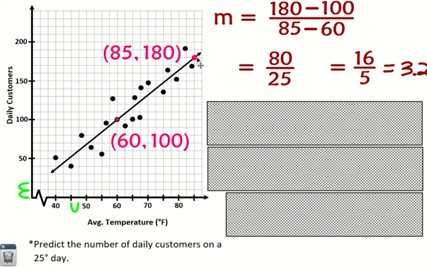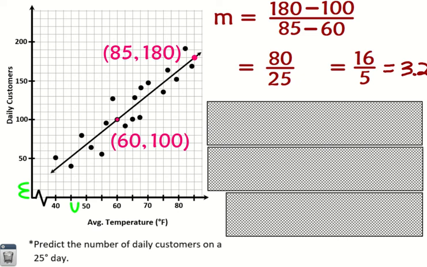But look, it looks like my line is going to intercept the y-axis at, I don't know, 40, 30, 20, maybe about 15-ish. That appears to be my y-intercept.